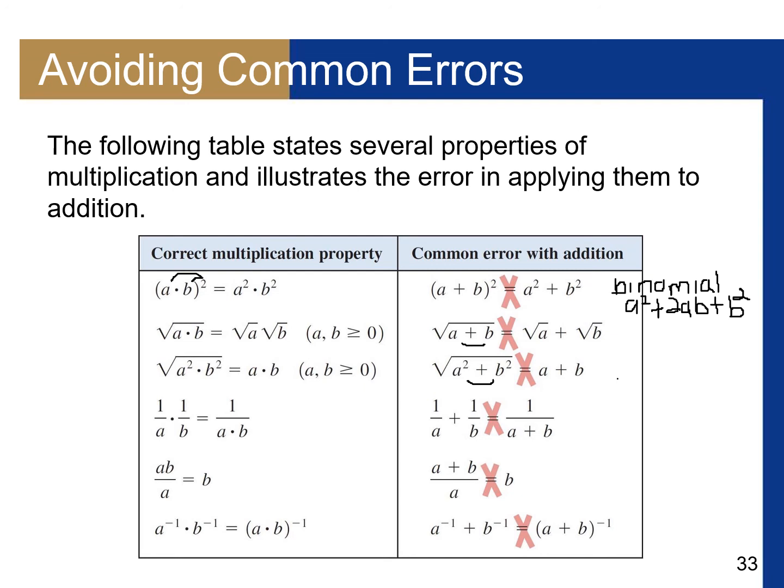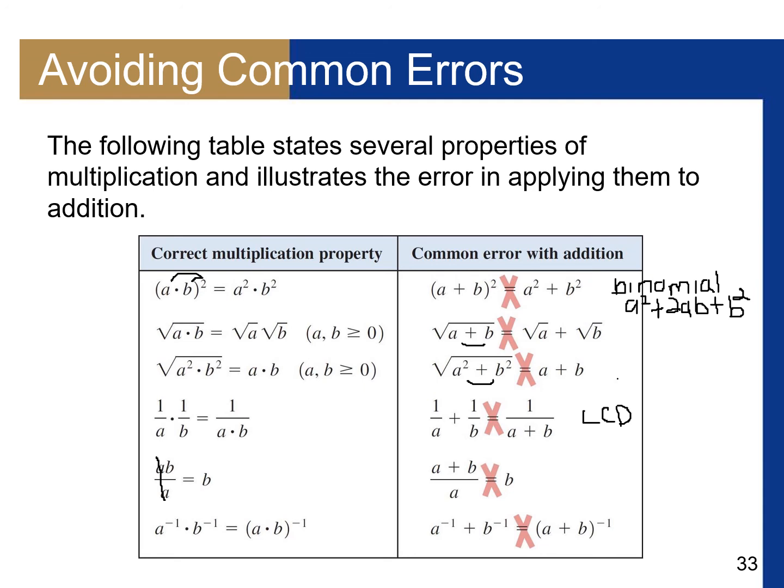If I'm multiplying, I can just multiply the denominators together. But if I'm adding, I can't just put them together like this. I have to find the LCD. Multiplying again, I can reduce these two and I'm left with b. But if I'm adding and I have it over this, I cannot do this.